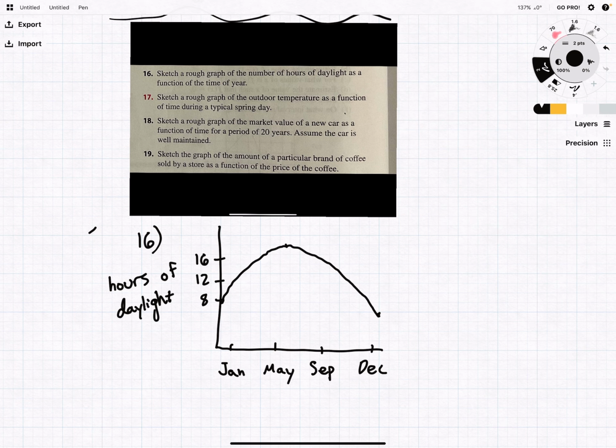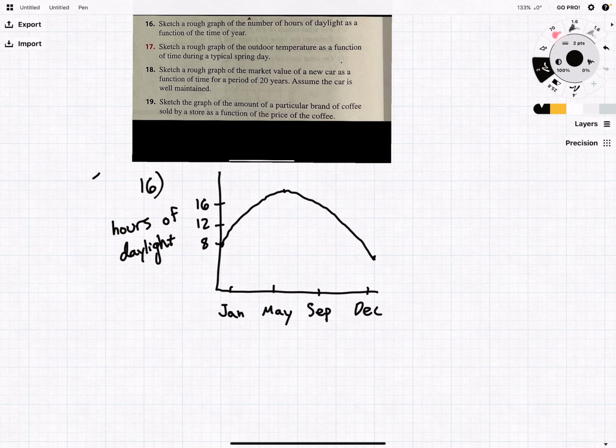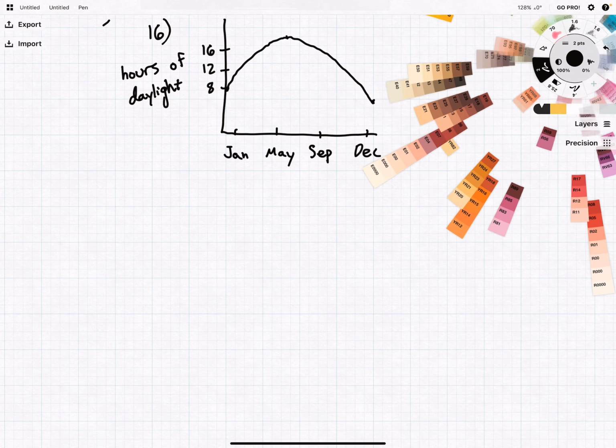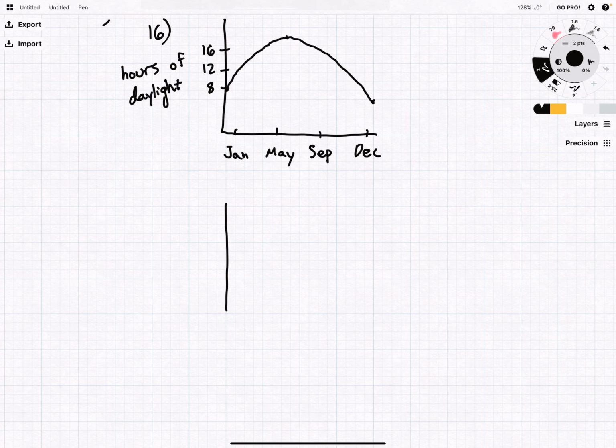For problem 17, it says, sketch a rough graph of the outdoor temperature as a function of time during a typical spring day. Okay, let's do that. Let's go ahead and have 24-hour time, right?